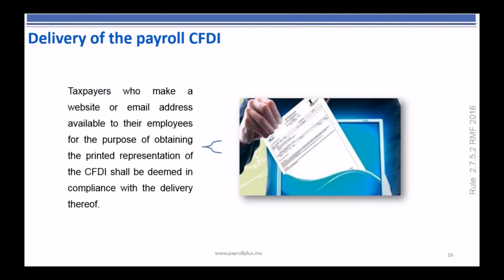However, what we have also seen as a measure for this type of option is to include in the labor agreement or labor contract, when you hire the employee, the website or email address in which they shall receive their XML, so that it's clearer that they are aware of this option and that they are sure that they are receiving the XML.